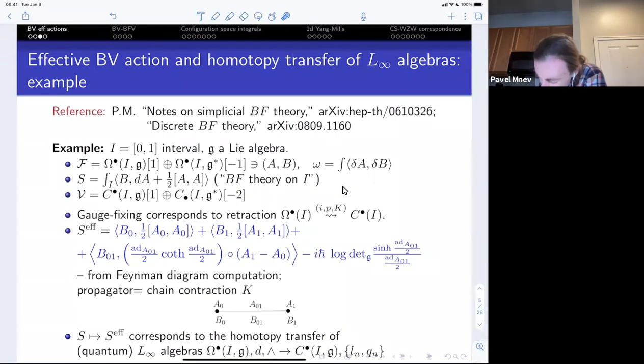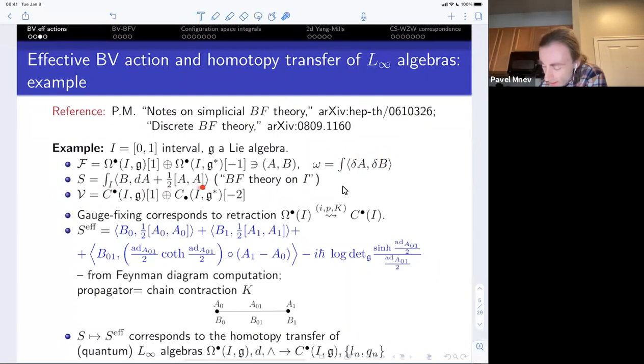The space of fields is two copies of differential forms on the interval. One copy with coefficients in the Lie algebra, one copy with coefficients in the dual, with some degree shifts. We call the first differential form A, the second differential form B, and they're both non-homogeneous differential forms. Then there is the symplectic structure, coming from the integral of the wedge product.